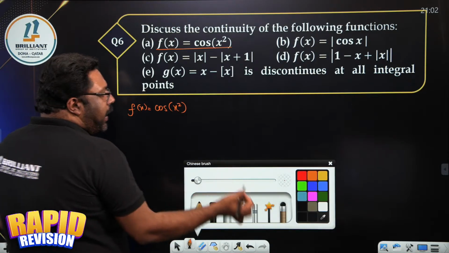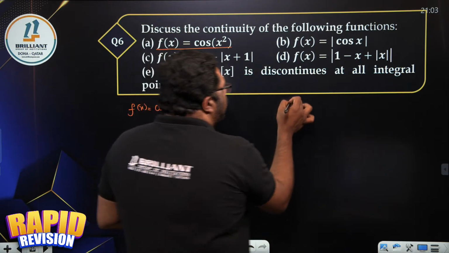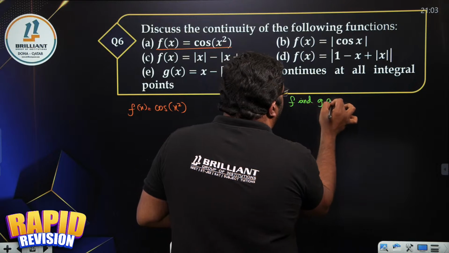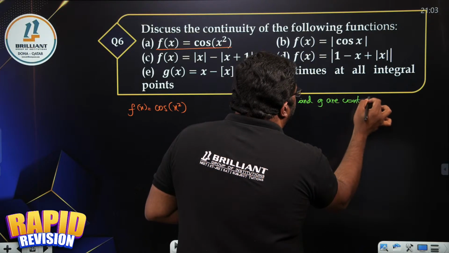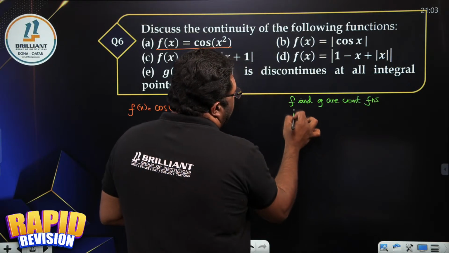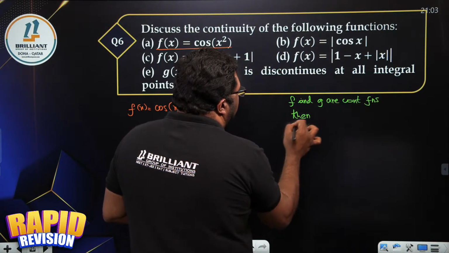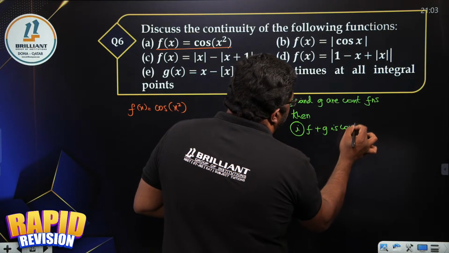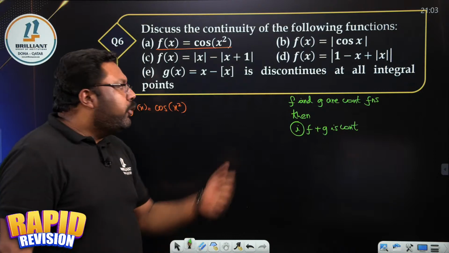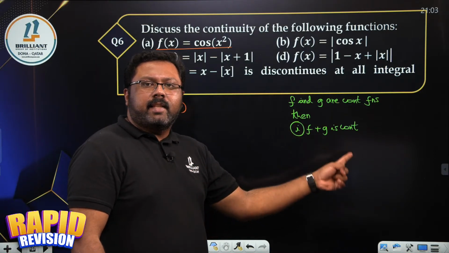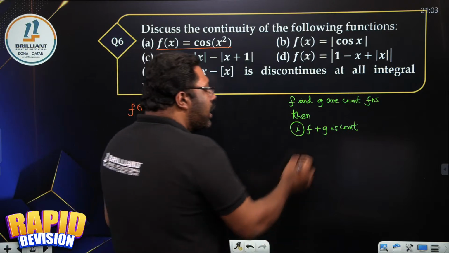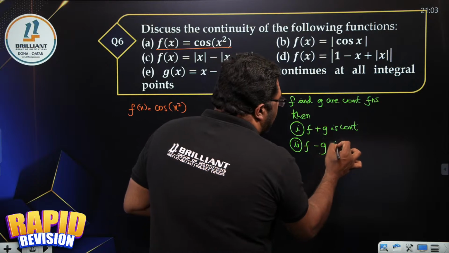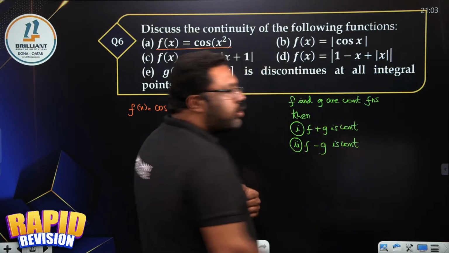Before starting to explain each of the questions, I will tell you a few things. F and G are continuous functions. Then, first one, F plus G is continuous. If 2 functions are continuous, their sum is also continuous. This is the algebra of continuous functions. F minus G is also continuous.